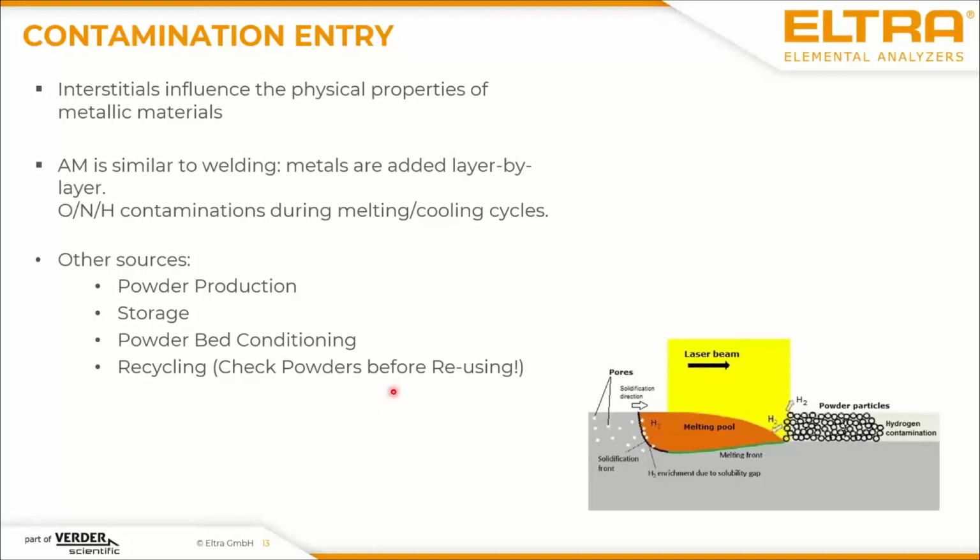Other sources are powder production and the storage of the powders, the powder bed conditioning, and of course, recycling. So before reusing the powders for 3D printing again, check the powders. It really makes sense and will increase the quality of the final products for sure.